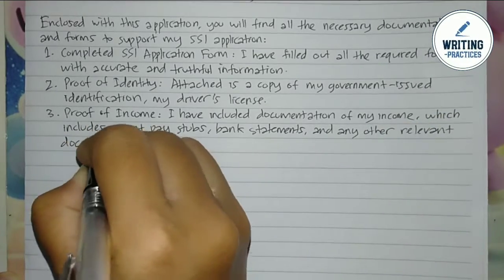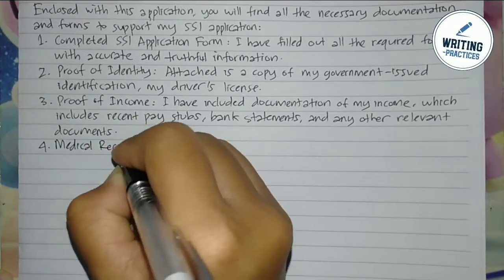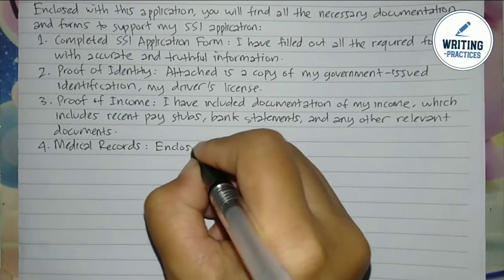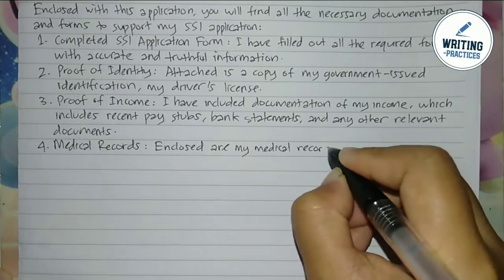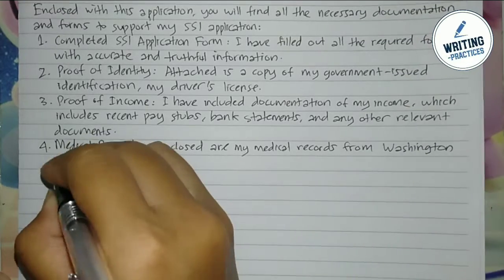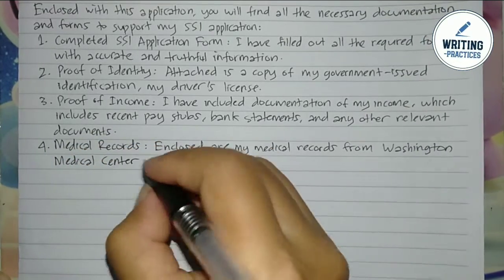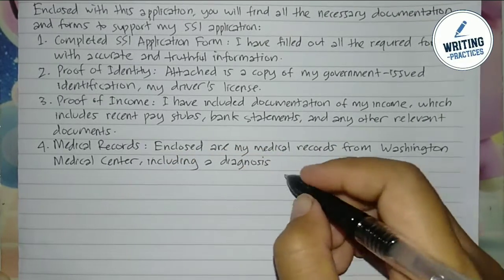For the fourth document, you can talk about medical records. Of course, you need to mention that you've enclosed your medical records. For example is from Washington Medical Center. They are including a diagnosis of your disability and details about your treatment. Here is how you write it. 4. Medical records.